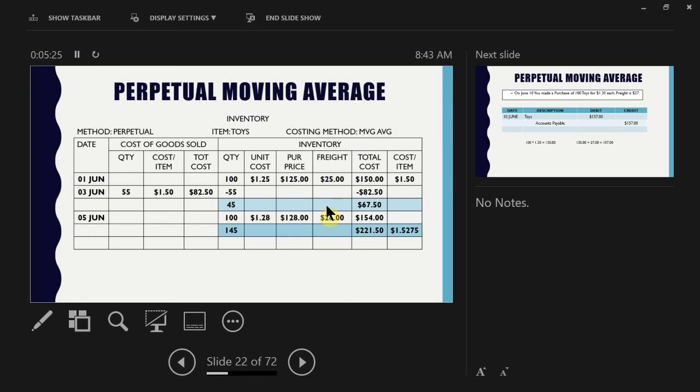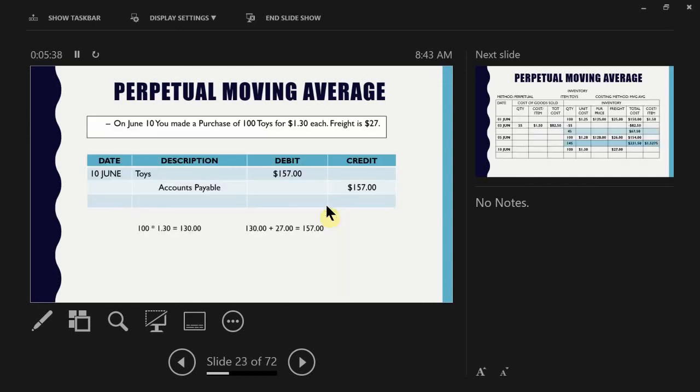Okay. So here we found our new average cost per item. And let's see what happened next.